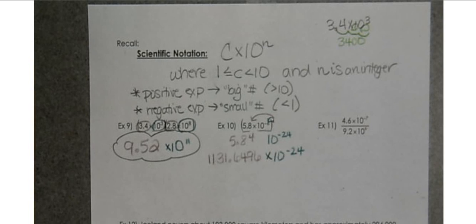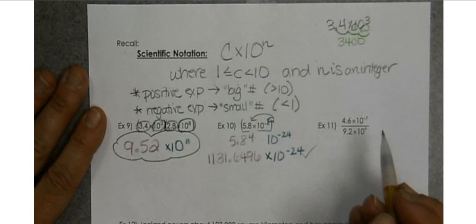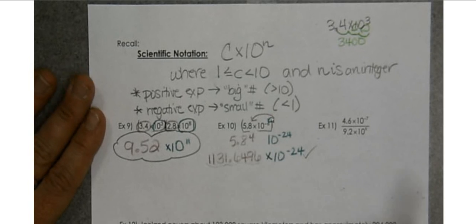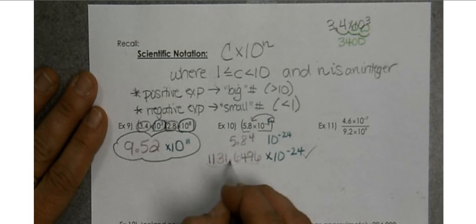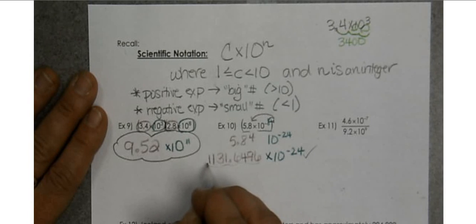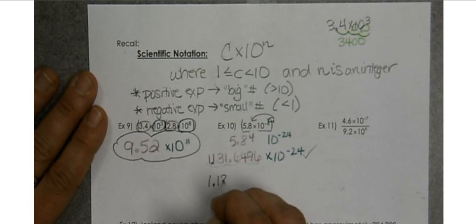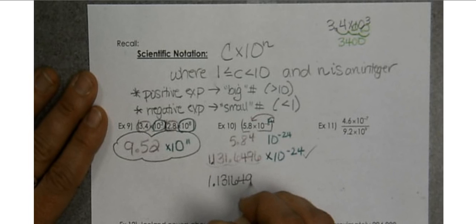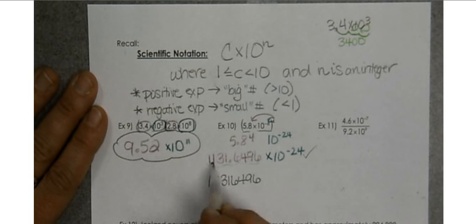Now the issue is that we've done a nice job so far, but this number is not between 1 and 10. To make it between 1 and 10, we would have to move the decimal to this place, and it would have to be 1.1316496. Okay, and notice we moved it over 1, 2, 3 places. Now notice that this was a big number.